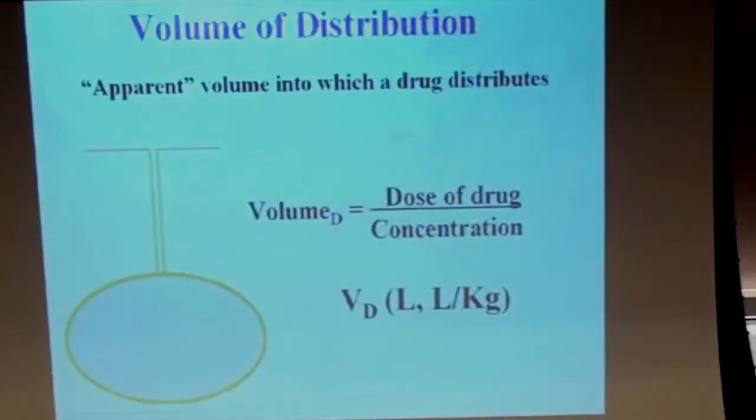The other term you will find in literature, and that everybody is always interested in for a drug, because it's a very useful term, is the so-called volume of distribution. The volume of distribution is calculated by dividing the dose of the drug, which you know because you give it, by the concentration of the drug at time 0.